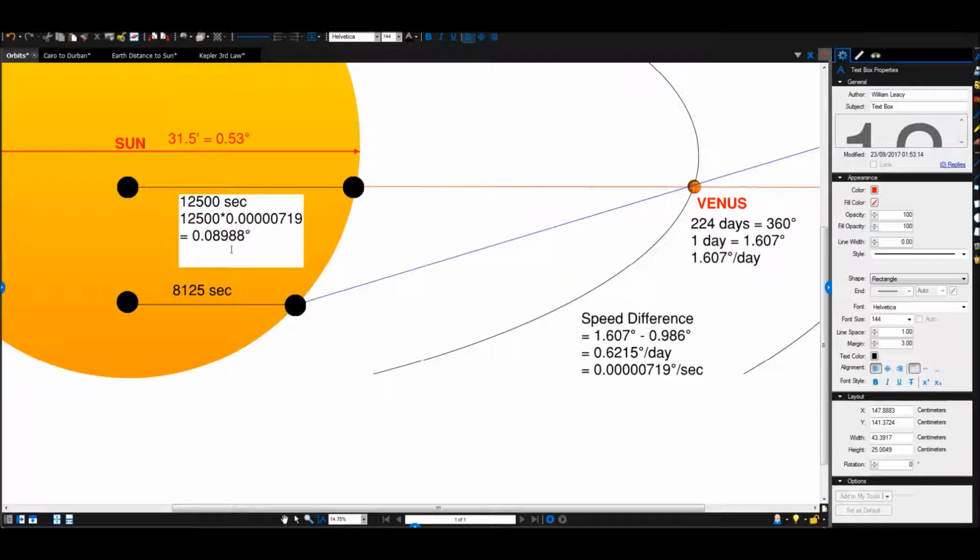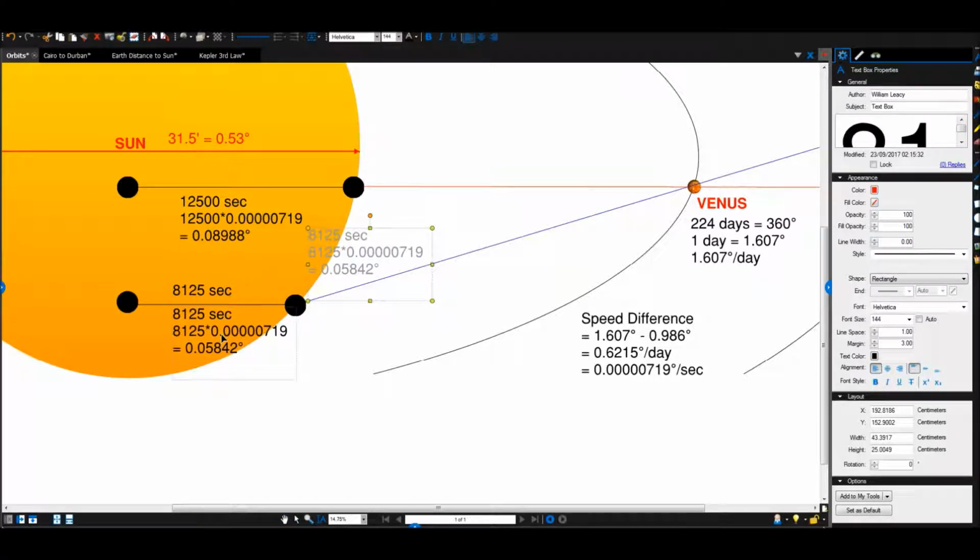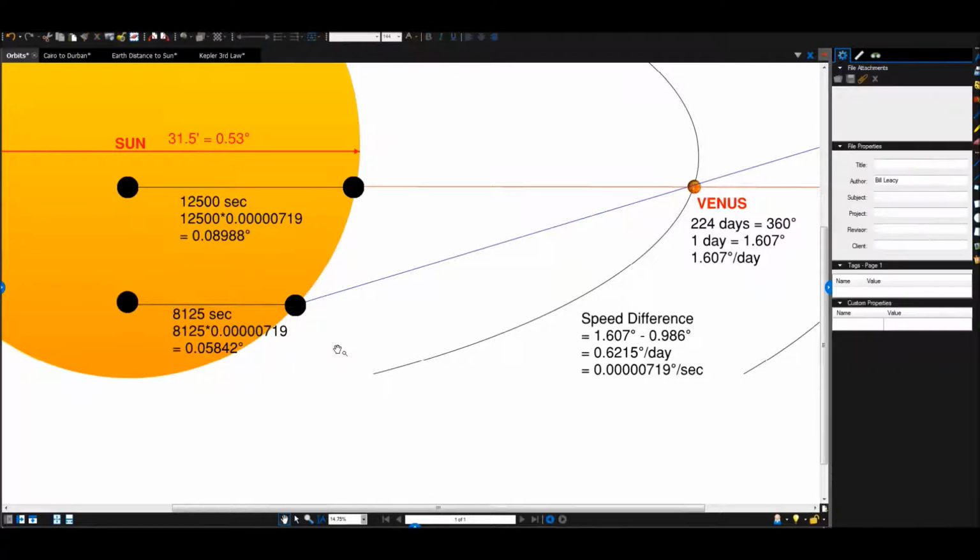So 0.08988 degrees. And similarly for down here, we have 8125 by the angular speed, 0.00000719, which is 0.05842 degrees.